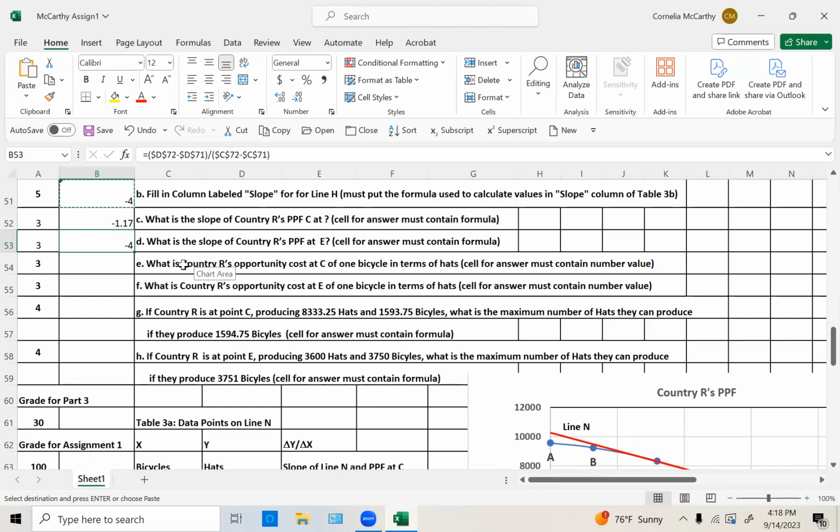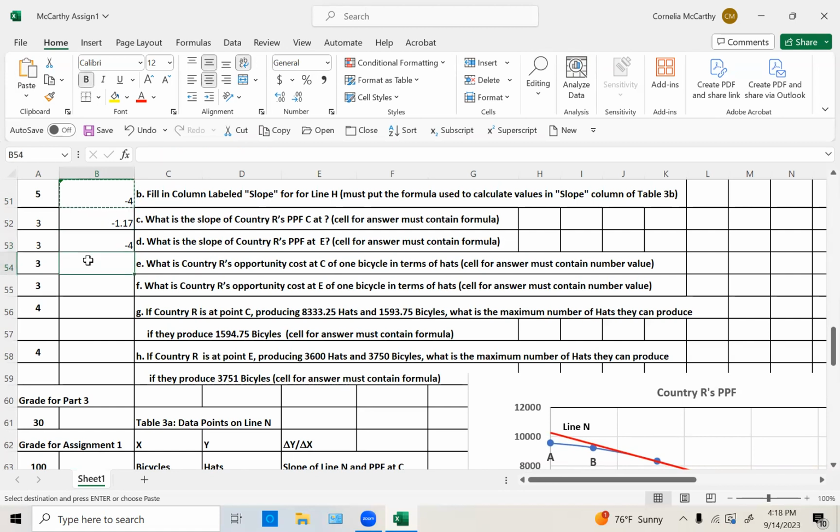Now it's going to ask you, what's the opportunity cost of one bicycle in terms of hats at this point C? And that concept, what we're looking for, is measured by the absolute value of the slope at C. So we have that information right here.